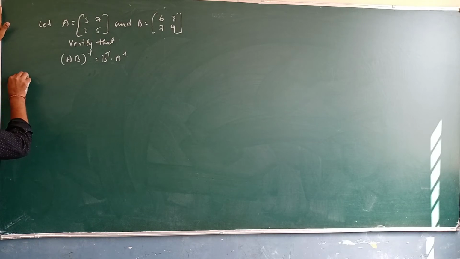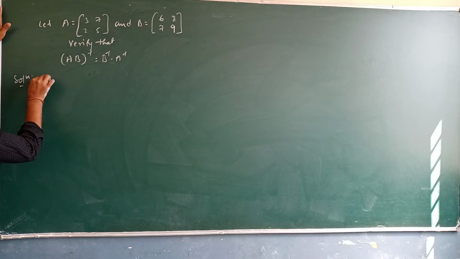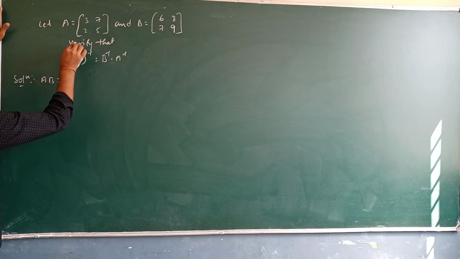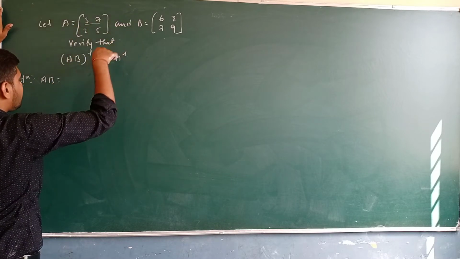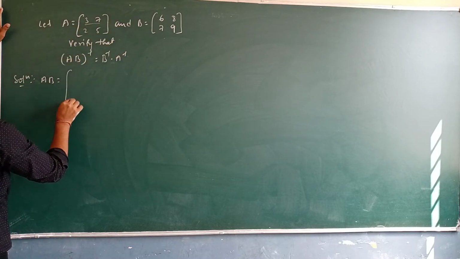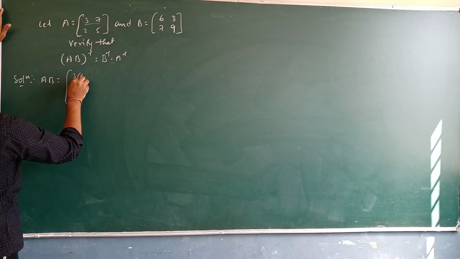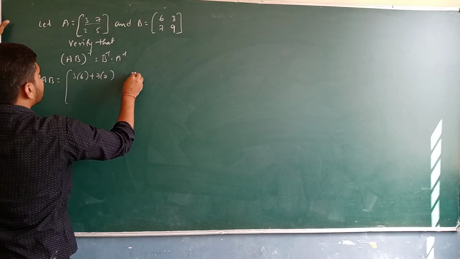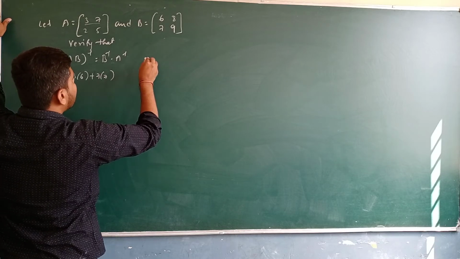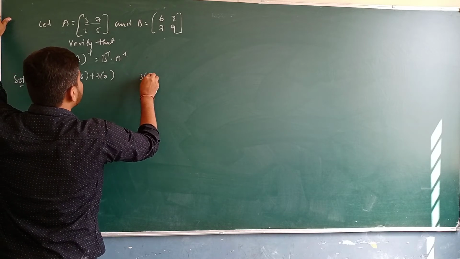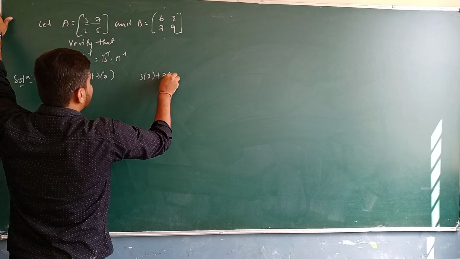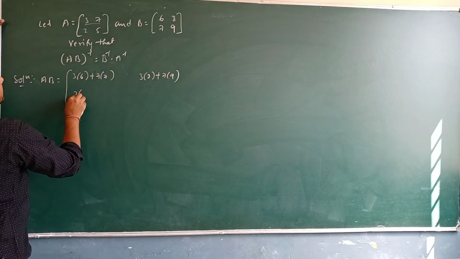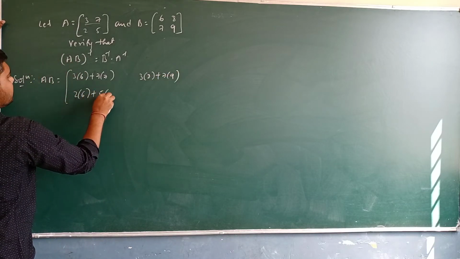So the solution: AB. AB means the first row in the first column, so we are getting 3 into 6 plus 7 into 7. Second element, first row into second column, that's 3 into 8 plus 7 into 9. Then second row, first column, 2 into 6 plus 5 into 7.